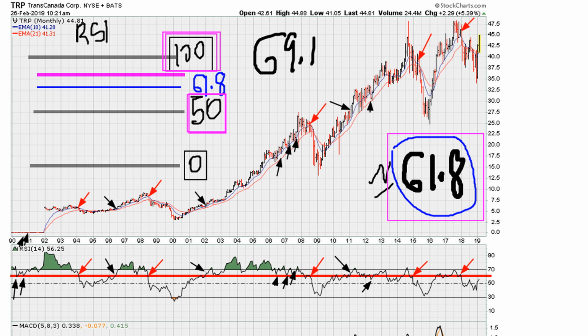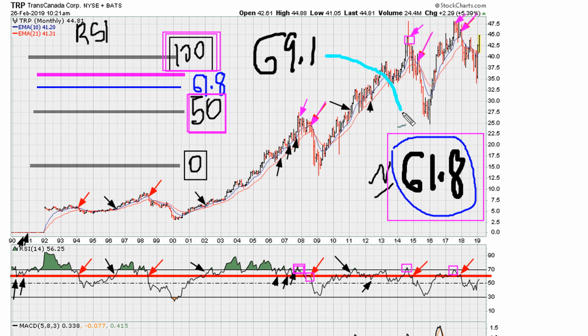69.1. You might not have noticed, but before this break, there was RSI 69.1 uniform rejection during these highs. Before this drop, there was RSI 69.1 uniform rejection during this monthly closing high.